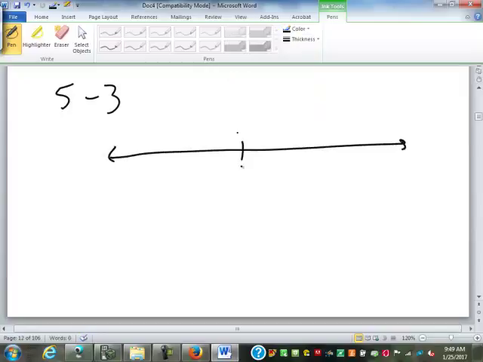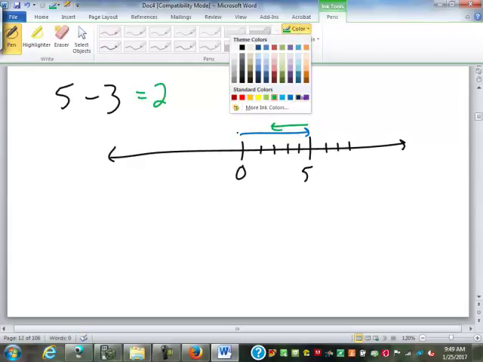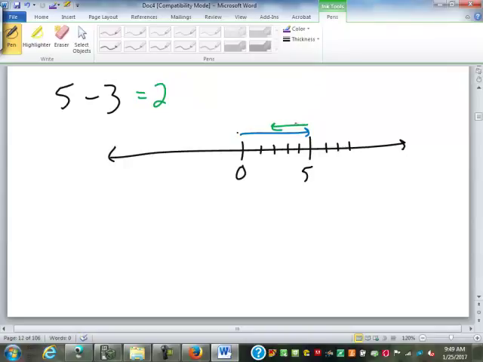Well, if I look at the number line, this would be 5. If we were to draw it out, we'd probably just go back 3 to get 2, right? We all know 5 minus 3 is 2. But that picture looks an awful lot like 5 plus a negative 3.